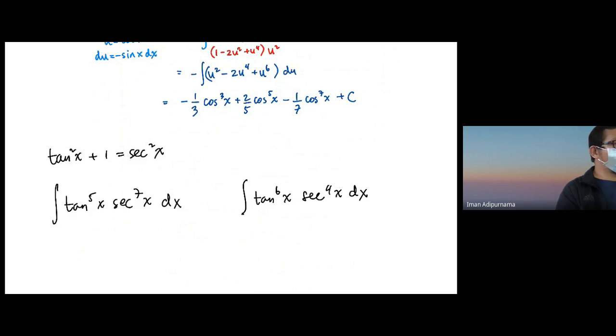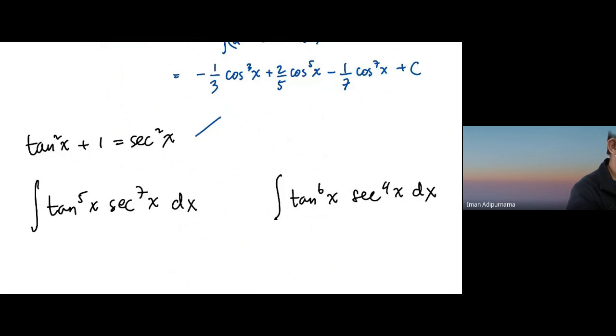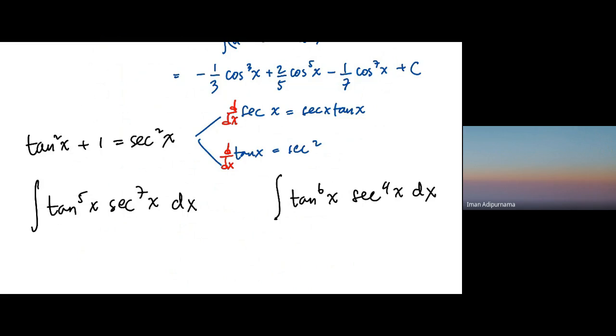Now, what do you remember about sine, secant and tangent? If we want a good way to substitute, we need to remember the secant. The derivative of secant is secant x tangent x, right? And the derivative of tangent is secant squared x.